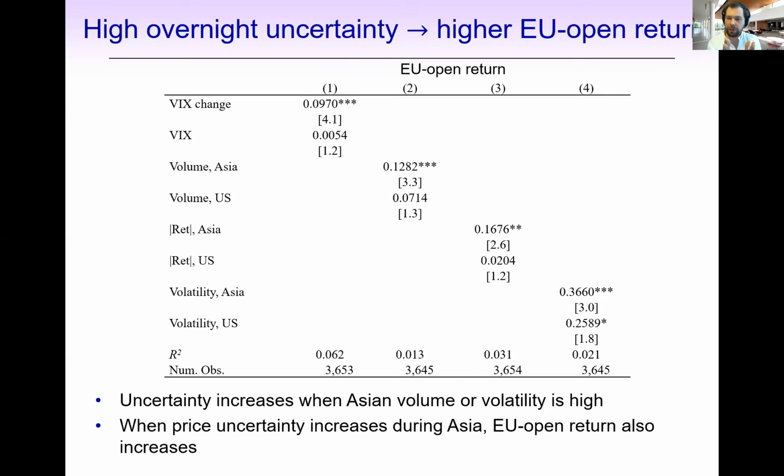How can we measure this uncertainty? It will be proportional to the amount of unprocessed information, which could be proxied by trading volume or by volatility during the Asian session. And what we see is that EU open returns are higher when Asian volume or Asian volatility is high in the previous session, while the sign for prior US volume or prior US volatility is not nearly as significant.